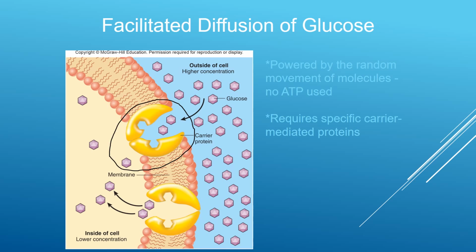The transport proteins may always exist in the plasma membrane, or they might be inserted when needed. This requires no ATP, so it's not considered to be active. Rather, this is a passive type of diffusion, where we have, again, higher concentrations outside of the cell, then lower concentrations inside of the cell.